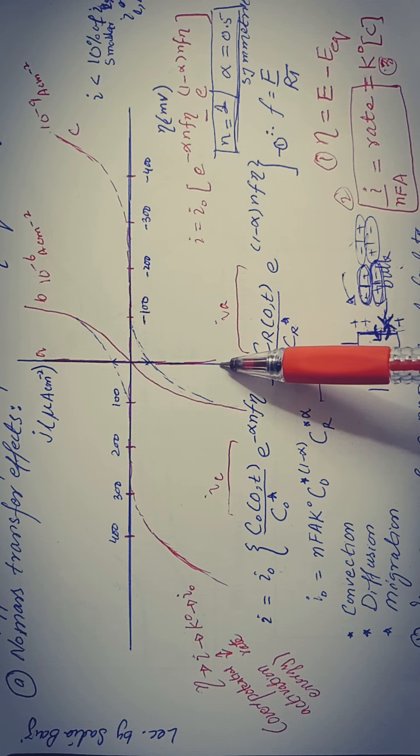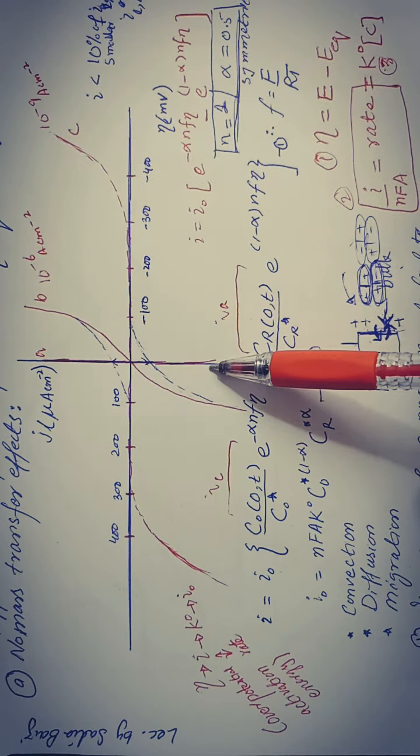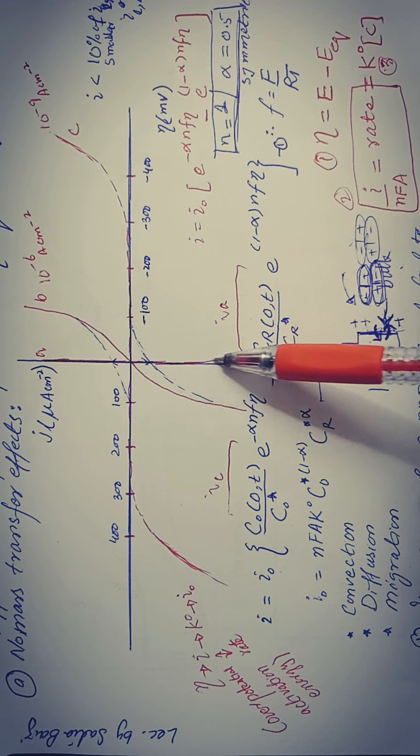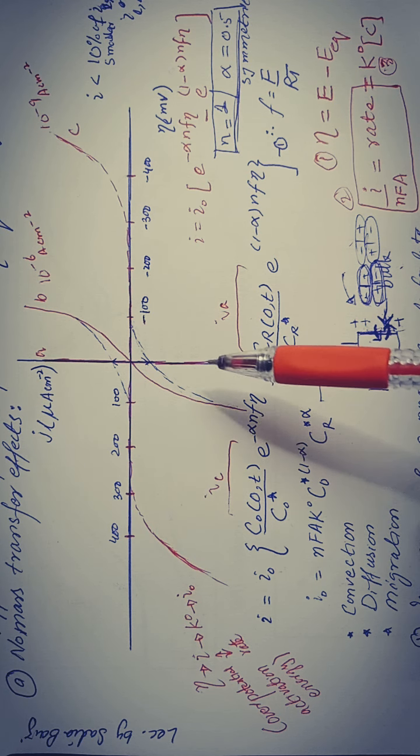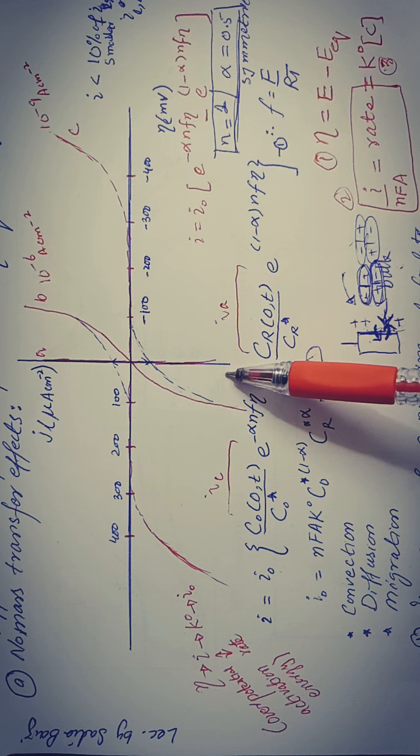So initially the current will be generated, and if the system is mass transfer controlled, then the current generation will be lowered, as all the species will be either oxidized or reduced. So for this case, the continuation of current will require the bulk movement of the species towards the electrode in order to maintain the current generation.